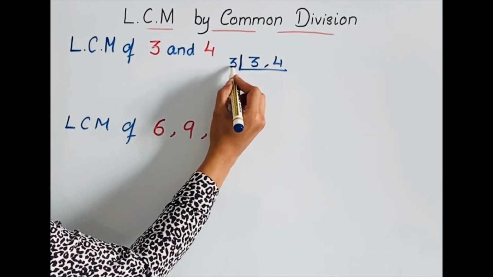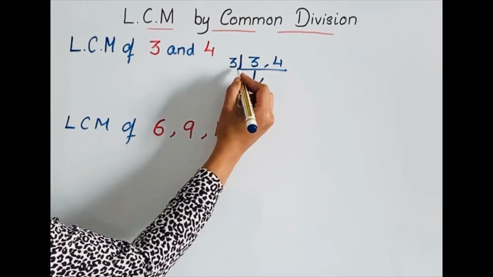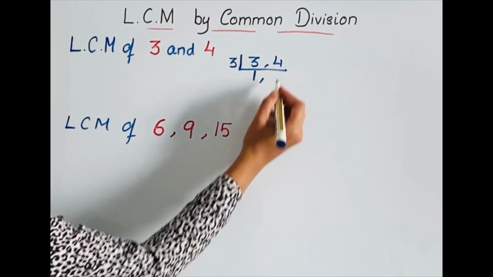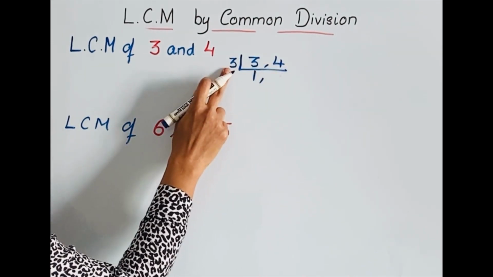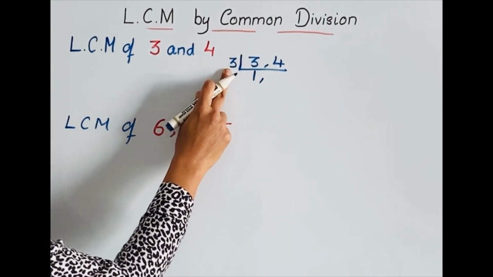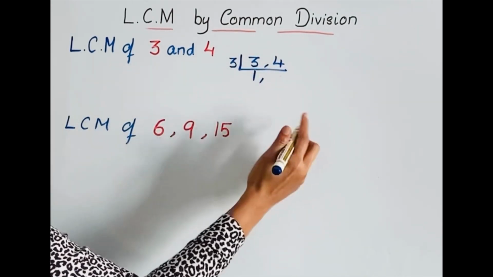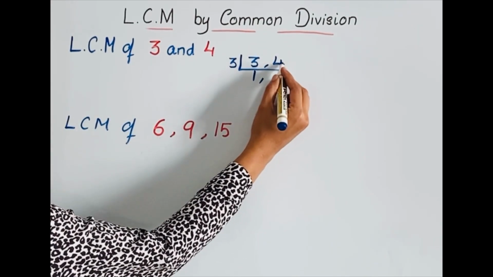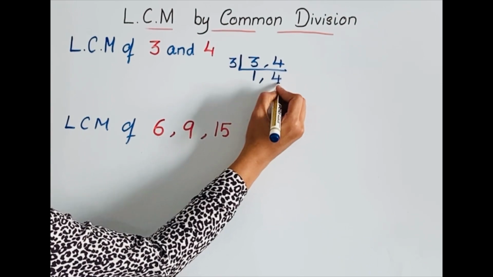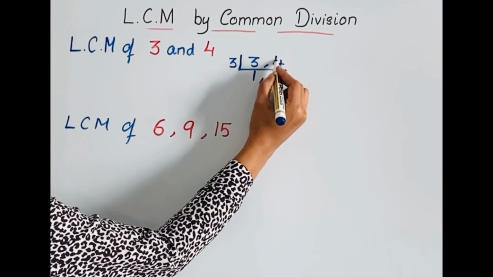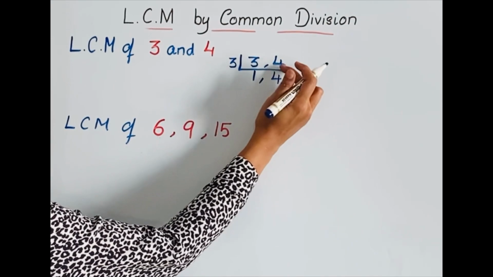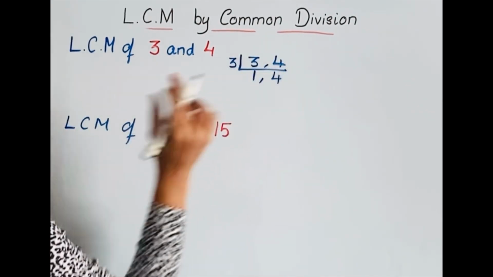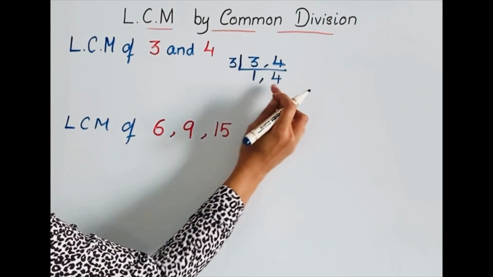So 3's factor is 3, divide it, quotient will be 1. And 4, you can't divide by 3 because 3 is not a factor of 4. So if it is not a factor, then you have to keep the number the same.